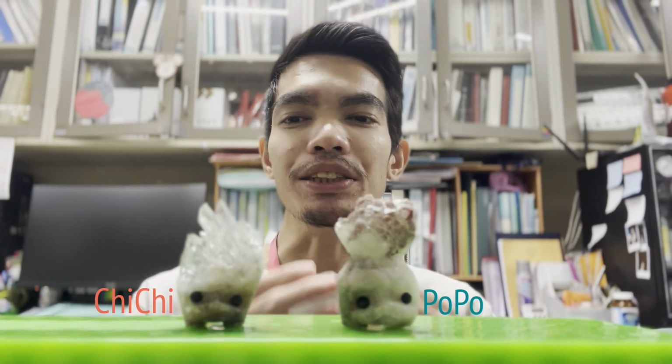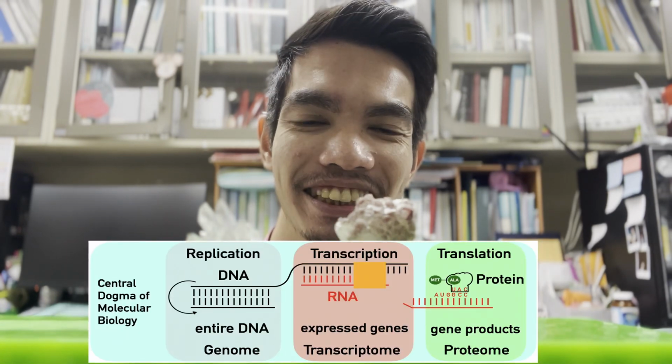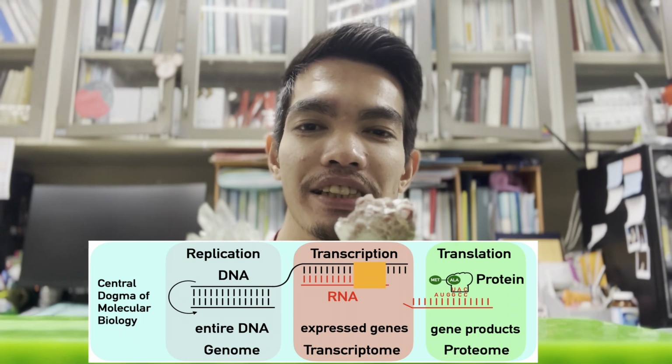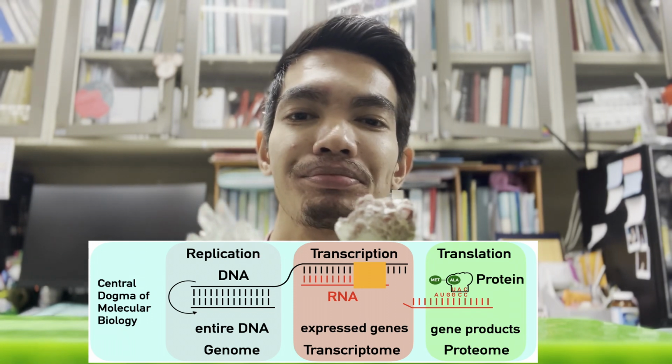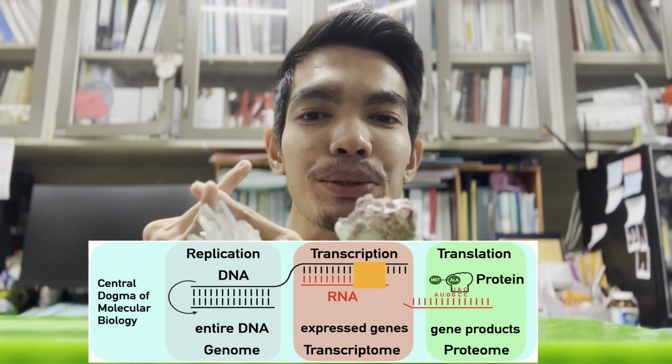one can try to use various lines of evidence as embodied in the central dogma of molecular biology, right? So we can use either the DNA, the protein, or the intermediate between those two, which is the RNA.